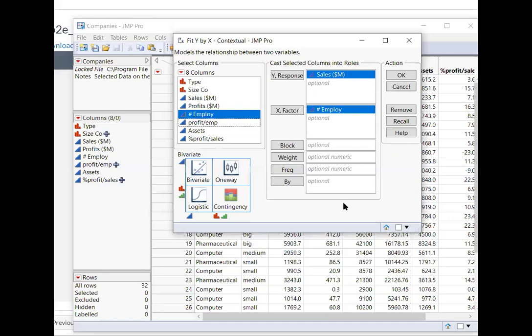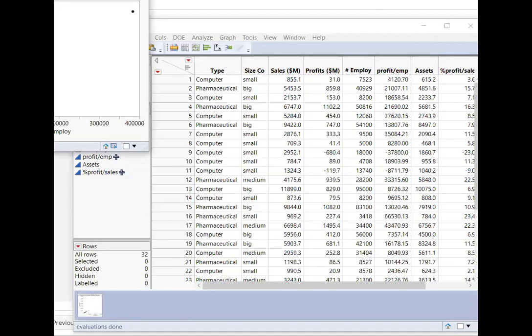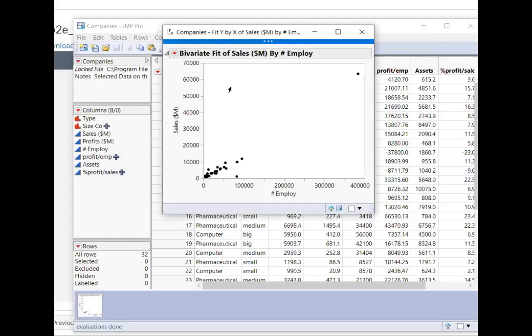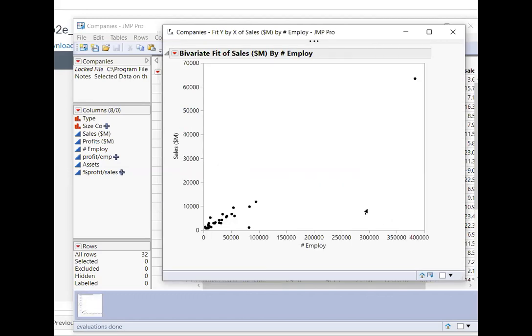That would be a good option. I want to see if there is a relation or association between number of employees and sales in a company based on the data that we have. So that's the relation, that's the scatter plot that we have.